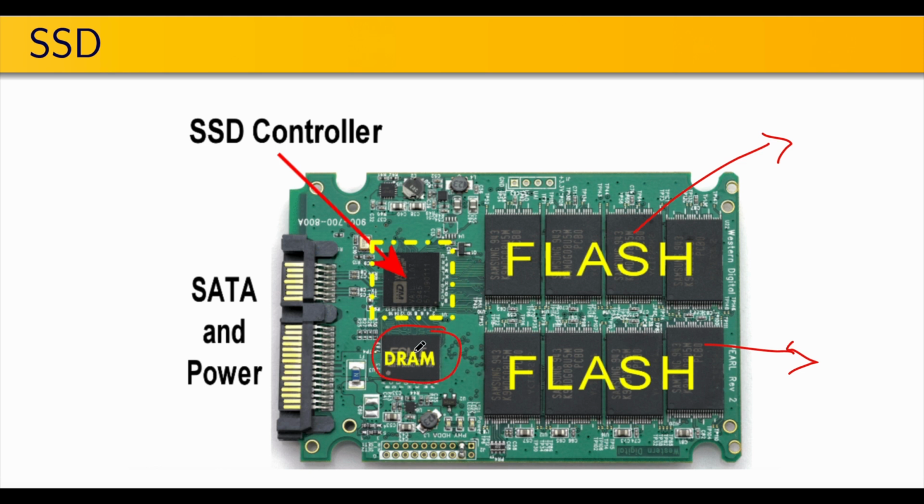If some data is being frequently used by the user, then this data is temporarily stored in the DRAM. And all these things are controlled by the SSD controller. It is controlling everything on this board, and it is connected to the motherboard through what is called SATA.